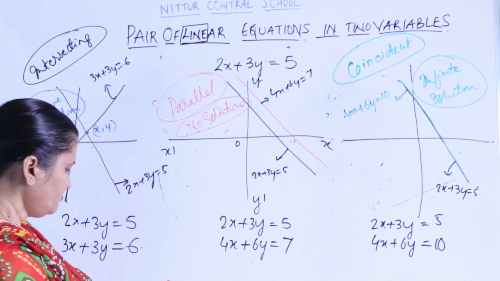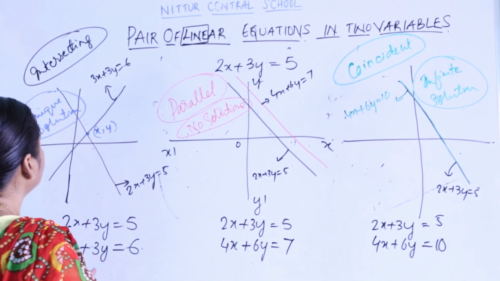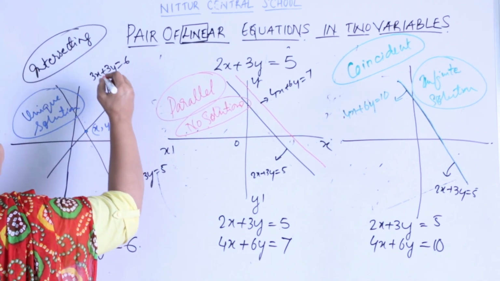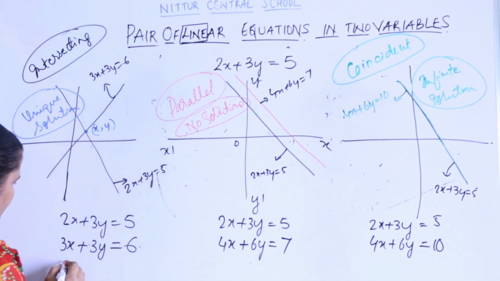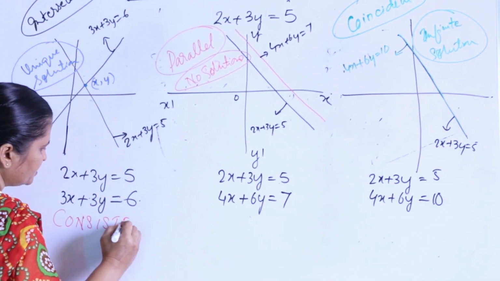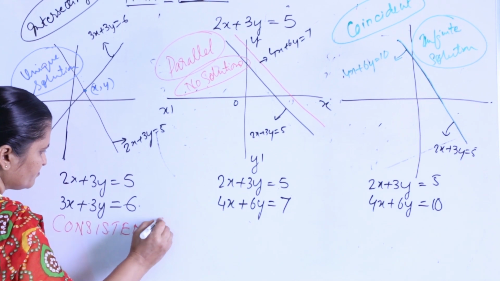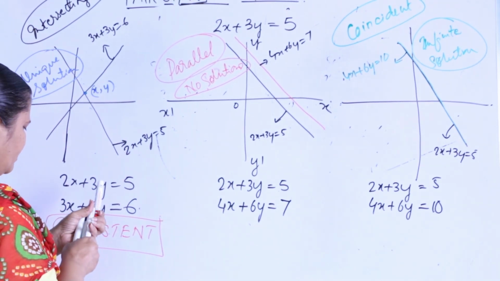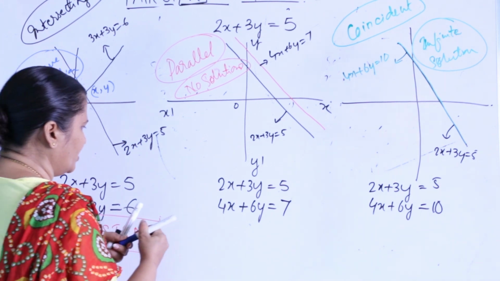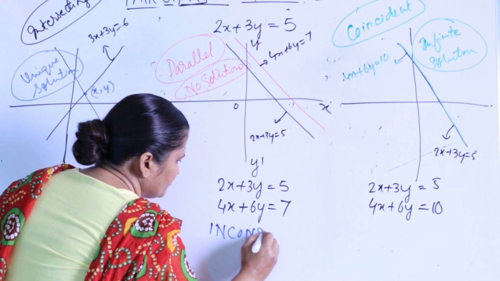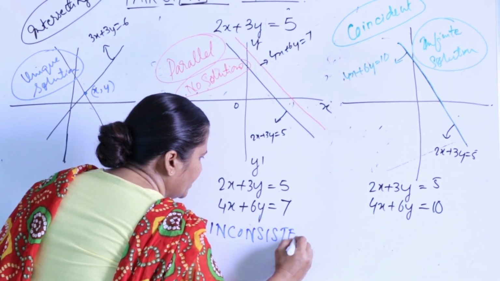And intersecting lines, this system is said to be consistent. We call this consistent. And here, the lines which do not meet at all are inconsistent.